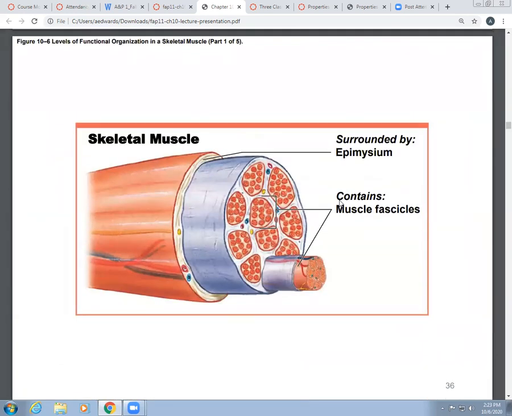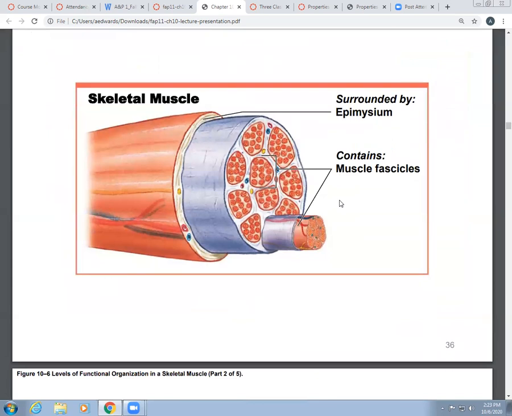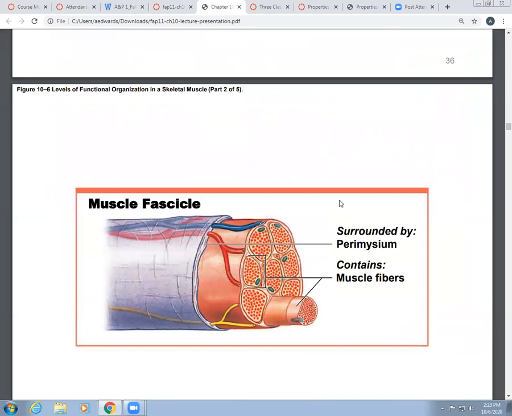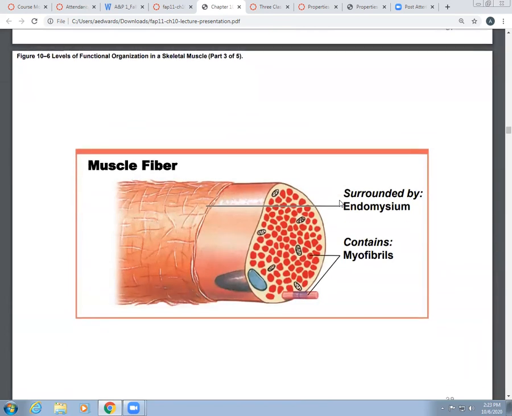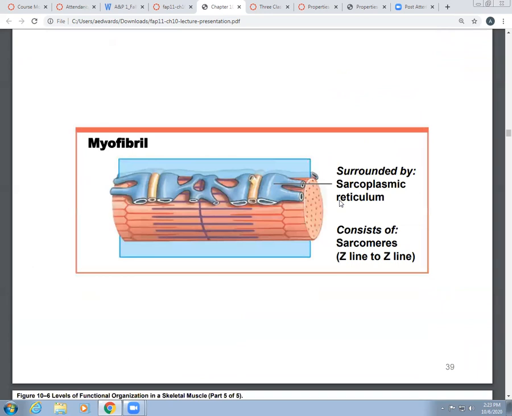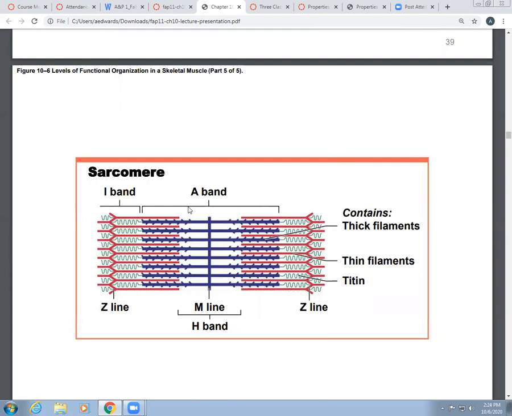All right, so this is it. You're looking at each slide individually. So again, your skeletal muscle is surrounded by epimysium, contains muscle fascicles, which is surrounded by perimysium. Contains your muscle fibers, which are surrounded by endomysium. And they contain myofibrils, which are surrounded by endoplasmic reticulum. They consist of sarcomeres. And again, here are your components of the sarcomeres.